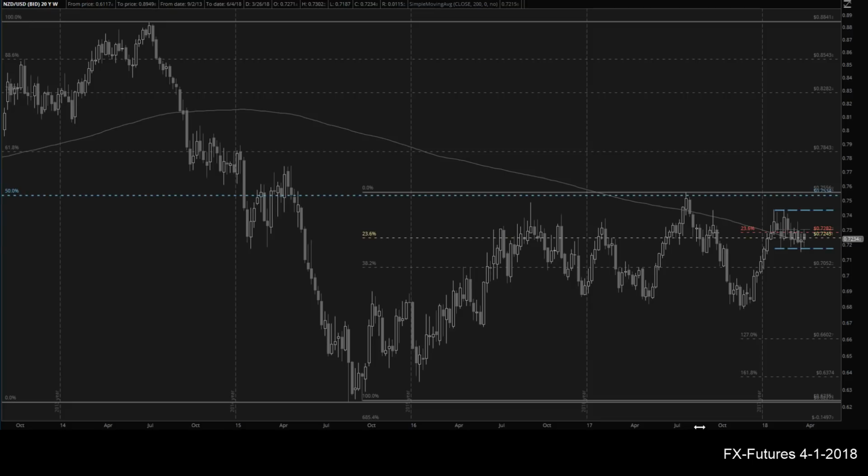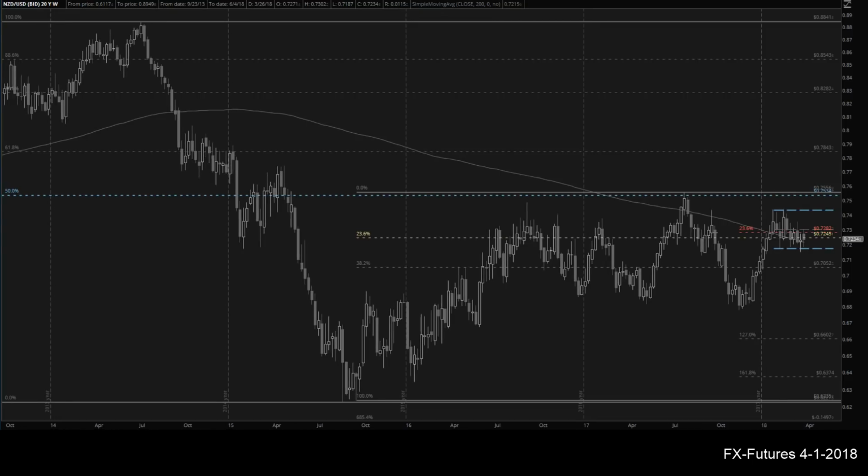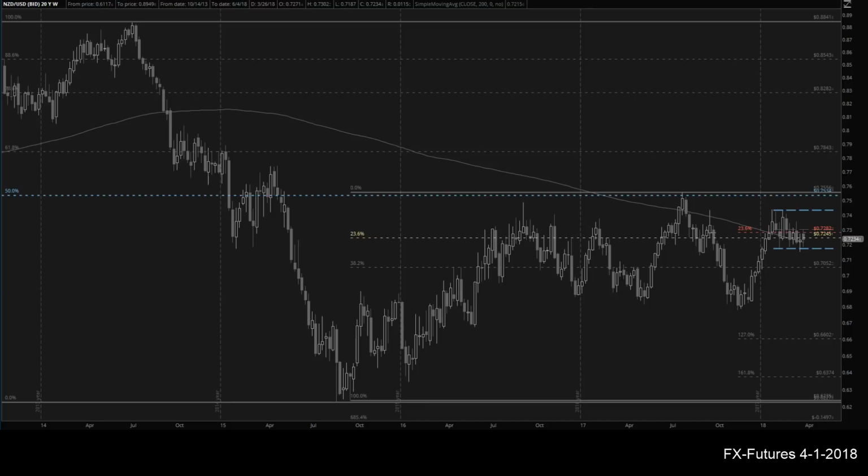Actually, it's not that it's hard, it's that they respect each other a lot, so there's a lot of noise. And right now in the New Zealand dollar, there is a ton of noise, but there's still money to be made on both sides, the north and the south. Right now, I'm just a little bit more bearish.